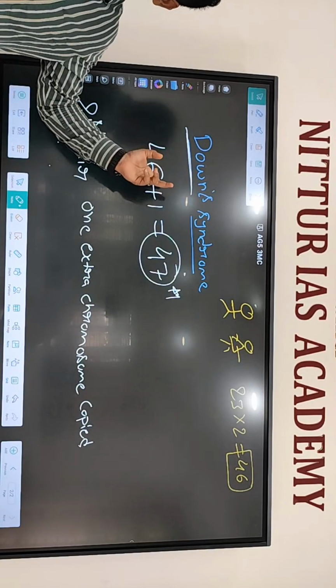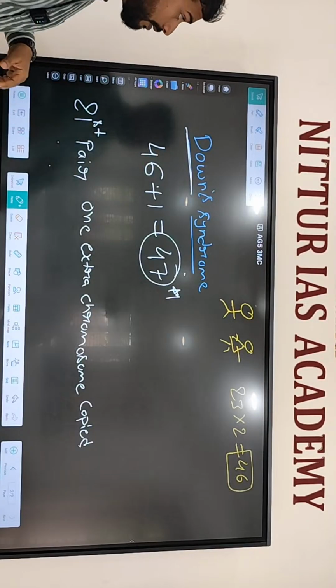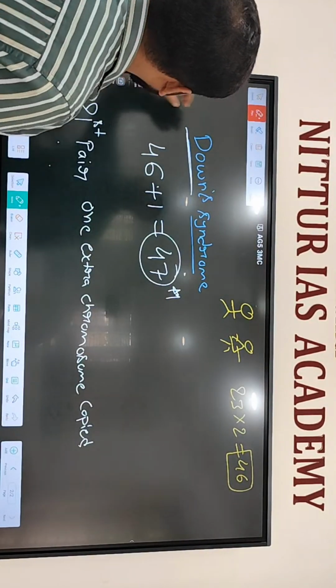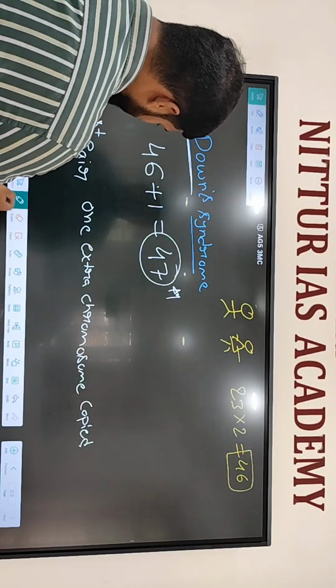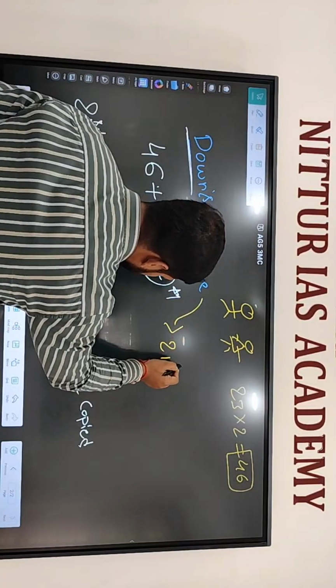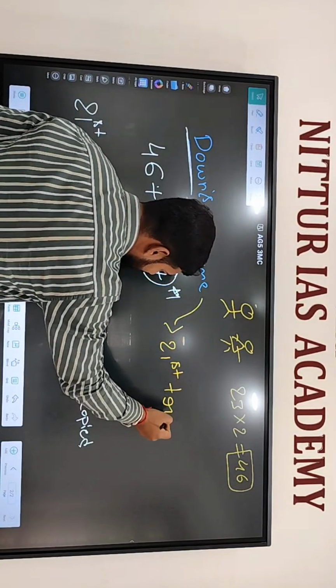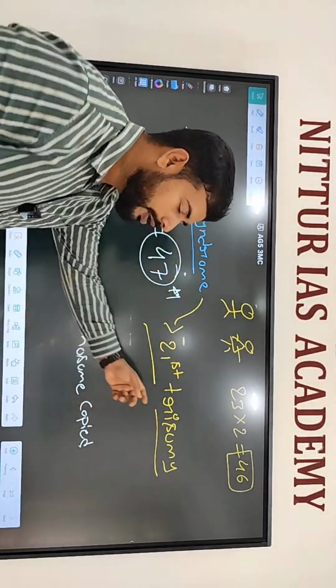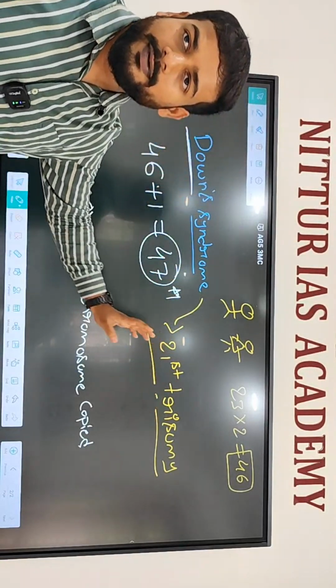The condition is called Down's syndrome. Down's syndrome is also called 21st trisomy. Trisomy means 3 chromosomes in the 21st pair.